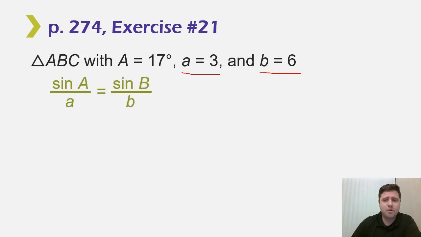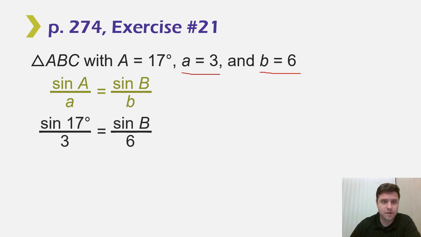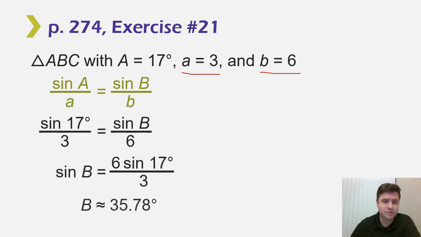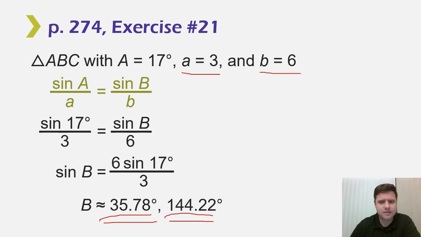So we can just set up our law of sines here. And upon doing the law of sines, we get this answer of 35.78 degrees. And from that, we can also recognize that this would be the second angle that could potentially be possible from that measurement.